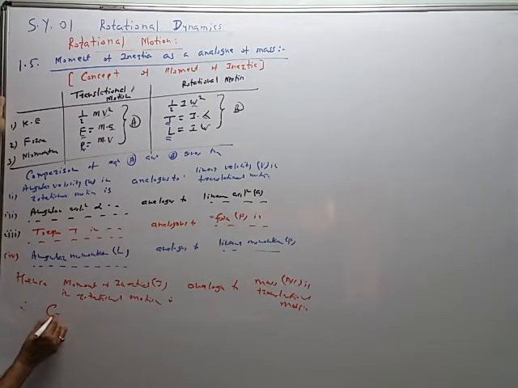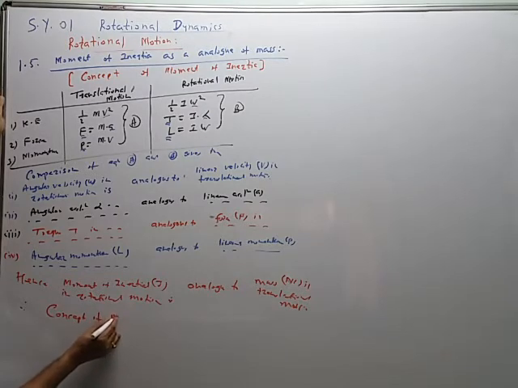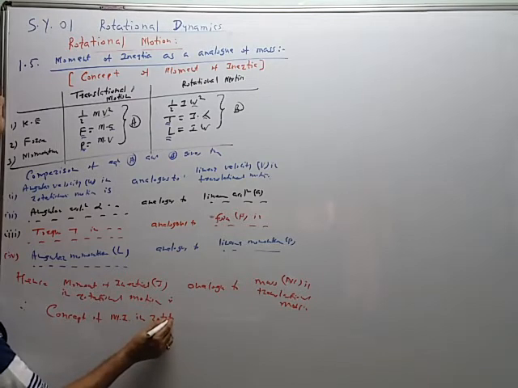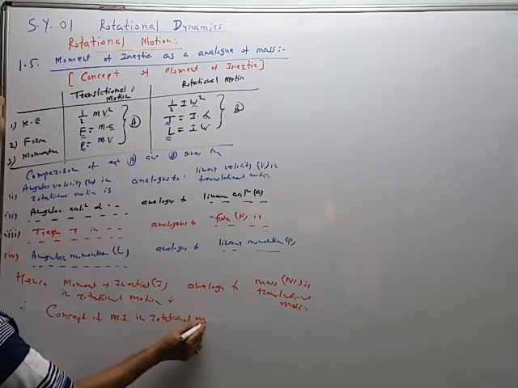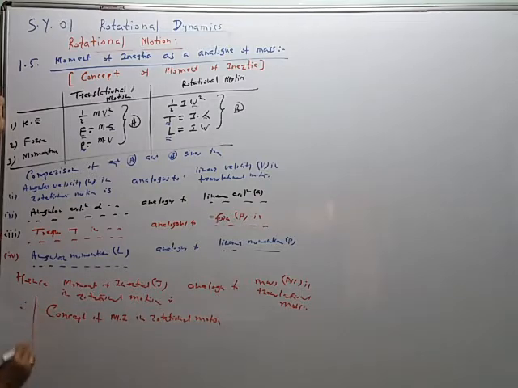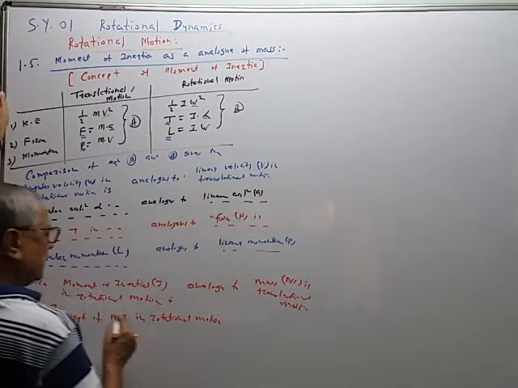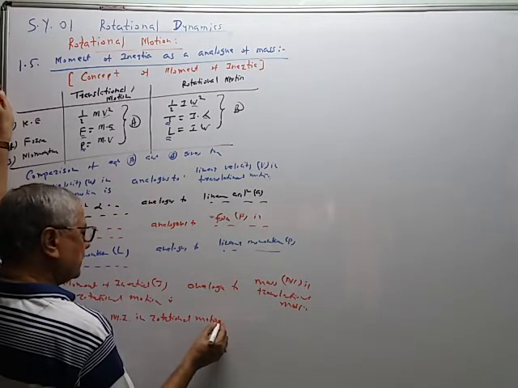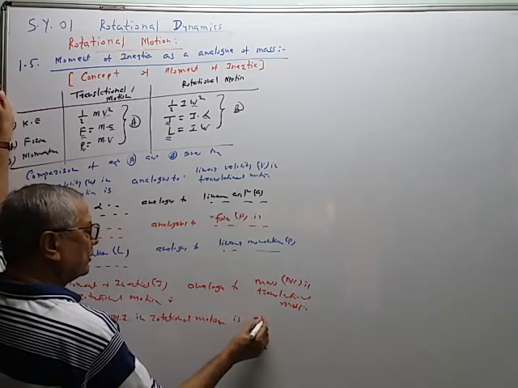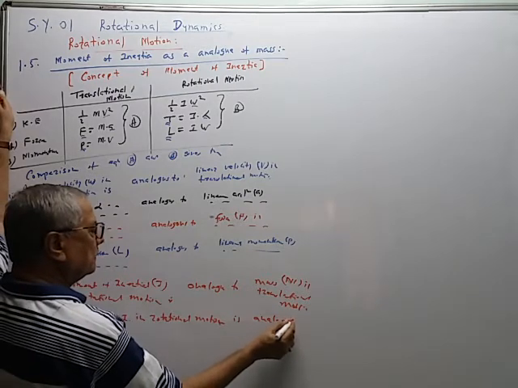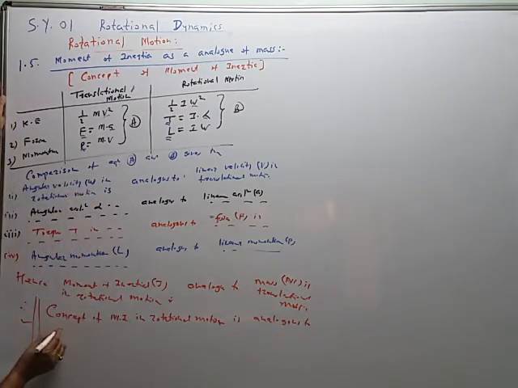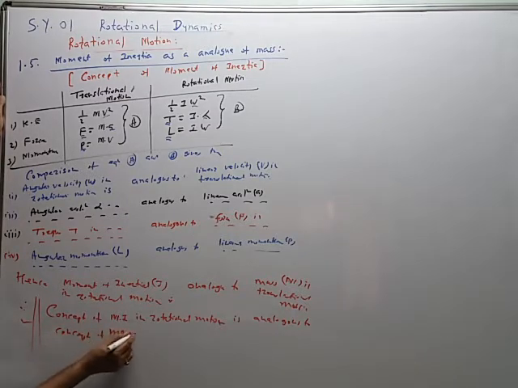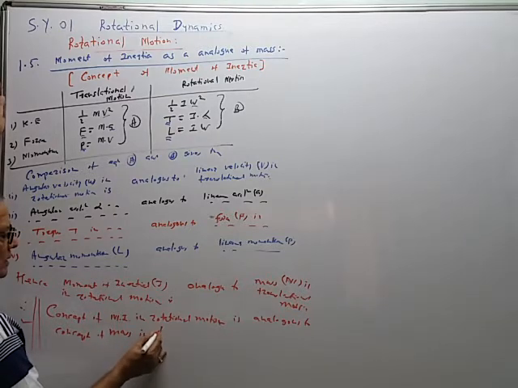Therefore, the concept of moment of inertia in rotational motion, this result is important: the concept of moment of inertia in rotational motion is analogous to the concept of mass in translational motion.